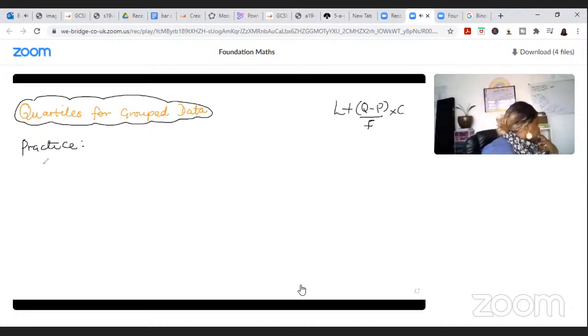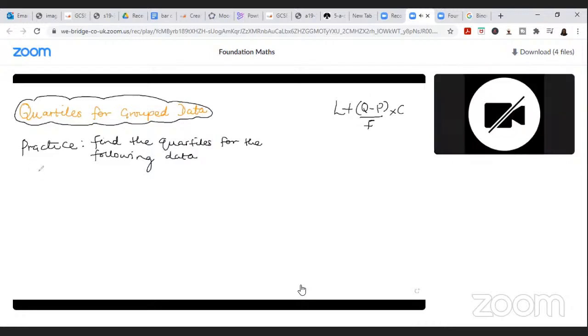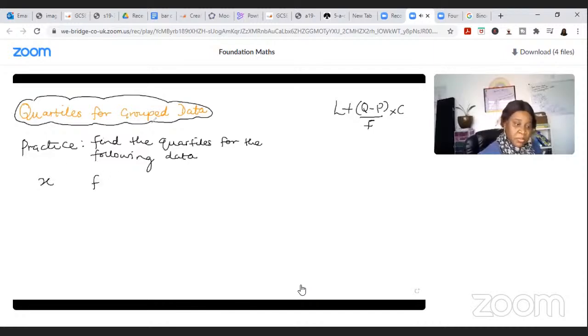Find the quartiles for the following data. Frequency, F for frequency. I hope this one is practical. Not crazy questions.